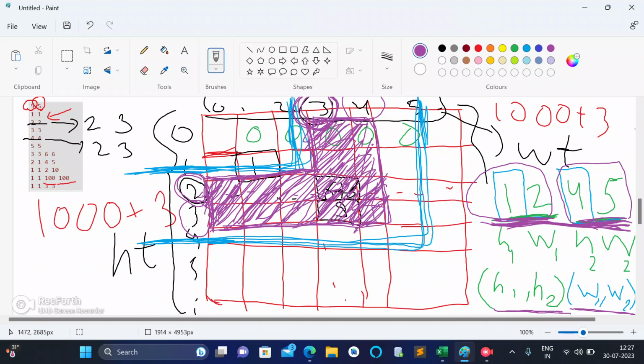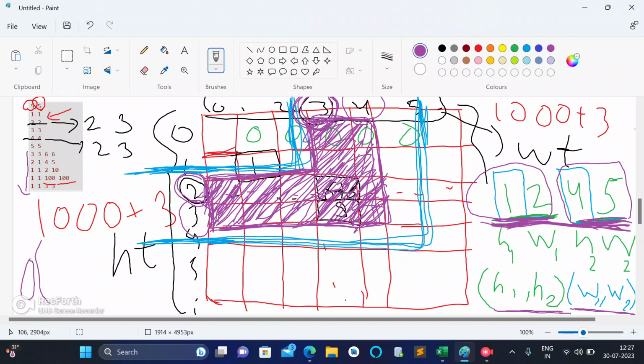Again I am repeating, this shaded area contains the area of all the rectangles which satisfy this query. So for every query, we will traverse every query, find the area of this shaded section, and find the sum of all those areas, and this would be our answer.